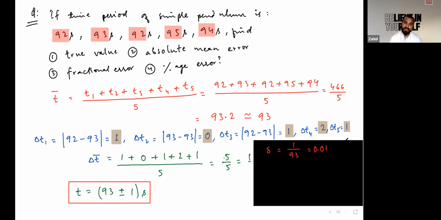And if you multiply it by 100 to calculate percentage error, it will be approx 1%. Is it clear? So this is your fractional error, and this is percentage error. Shab, is it clear to this part?